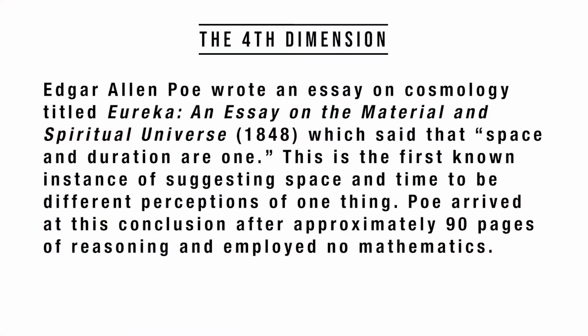And it's very interesting that the first time the concept of the fourth dimension was talked about was actually Edgar Allan Poe in 1848 in an essay called Eureka, an essay on the material and spiritual universe. And this is the first known instance of suggesting space and time to be one continuum, right?